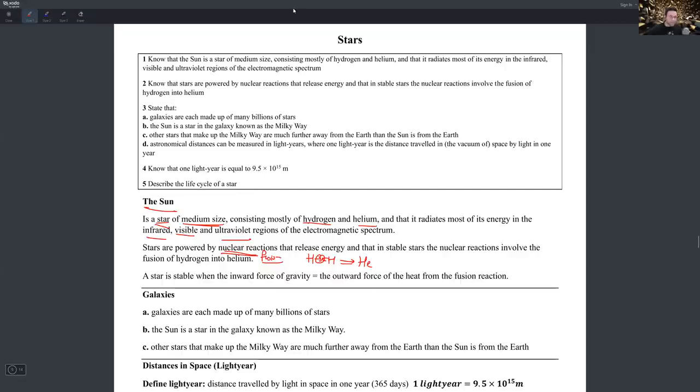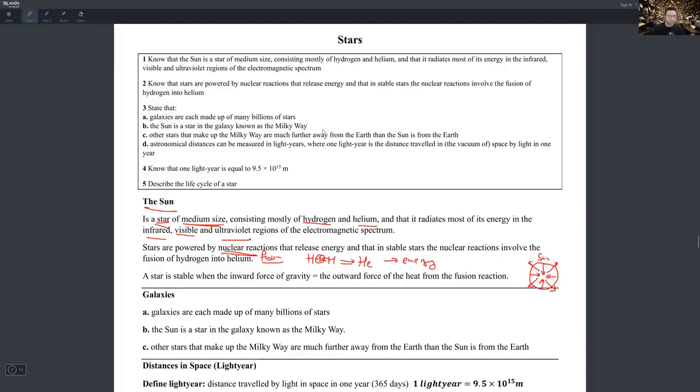The idea is that this releases energy. Okay? And as a reminder again, when is a star like the sun stable? 2 things. When the inward force of gravity and the outward force of the heat of the very high temperature fusion reaction of the sun are equal to each other.